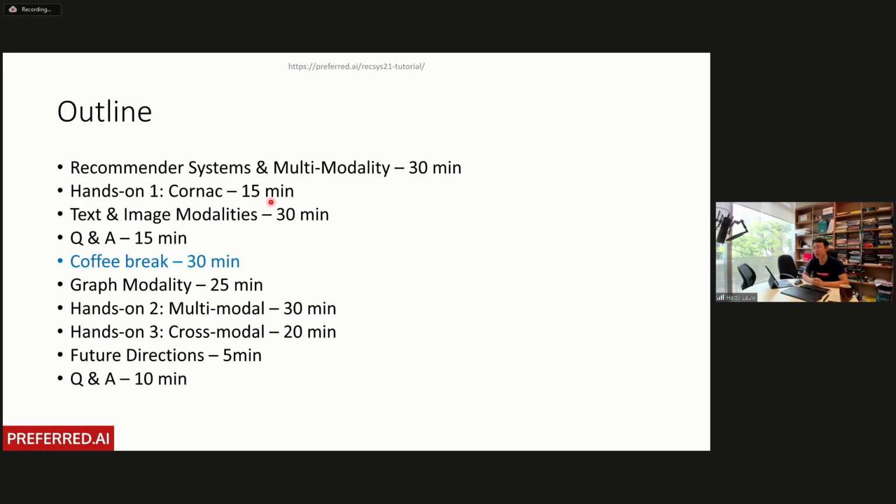The idea here is that Cornac is going to be a recommendation library that makes it very easy for you, first of all, to deploy, implement, or build a multimodal recommendation model. It also makes it easy for you to compare, because we built in this feature to easily run multiple models and then compare them against the same dataset, against multiple metrics.